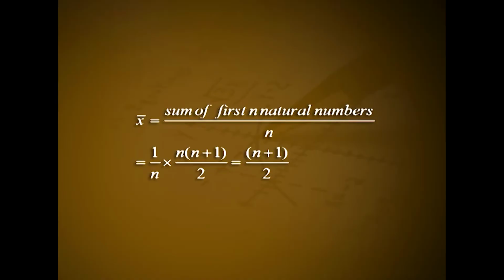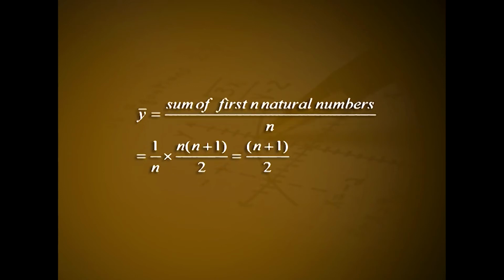Since xi values are the numbers from 1 to n, the mean of x values, x bar, equal to sum of the first n natural numbers divided by n, that is 1 by n into n into n plus 1 by 2, that is n plus 1 by 2. Similarly, y bar equal to sum of first n natural numbers by n, that is n plus 1 by 2.